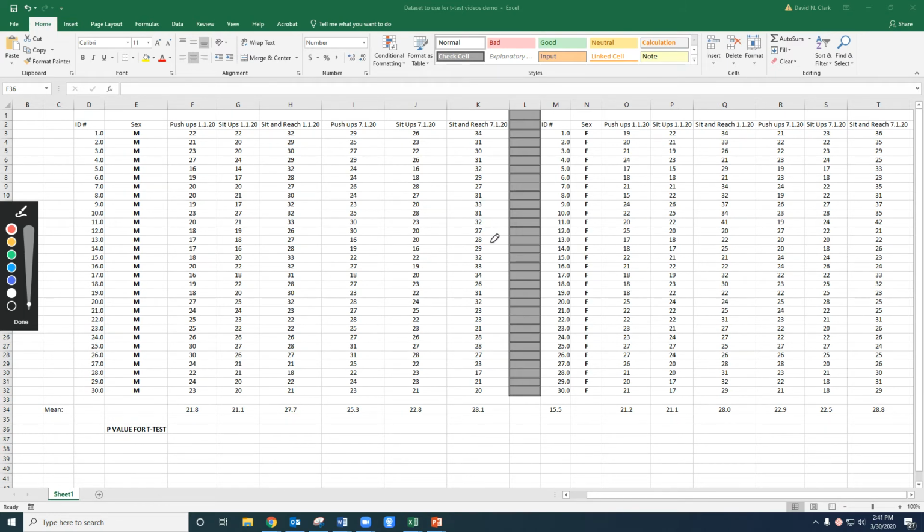Then we did a bunch of training, and 6 months later, I made these numbers up, on July 1st, they were able to do 28.1 push-ups. So this is a difference here. Not much of a difference, but it's enough. It's a difference, 0.4. So you'd say, oh, okay, they're different.